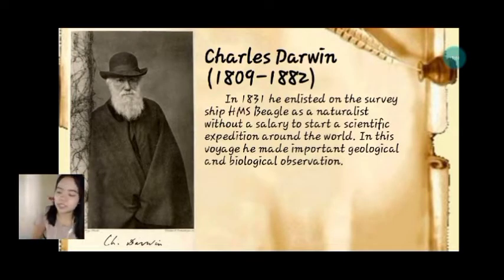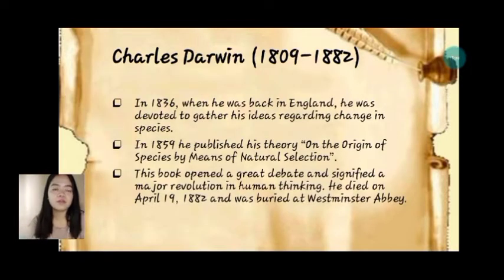So next one is Charles Darwin. So in 1831, he enlisted on the survey ship HMS Beagle as the naturalist without a salary to start a scientific expedition around the world. In this voyage, he made important geological and biological observations. So in 1836, when he was back in England, he devoted himself to gathering his ideas regarding changes in species.